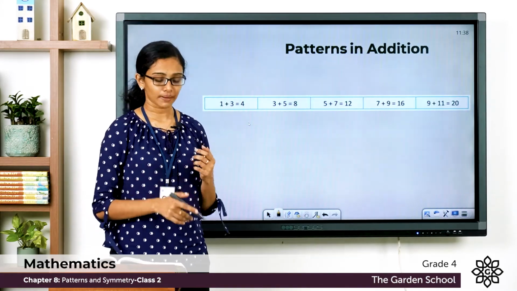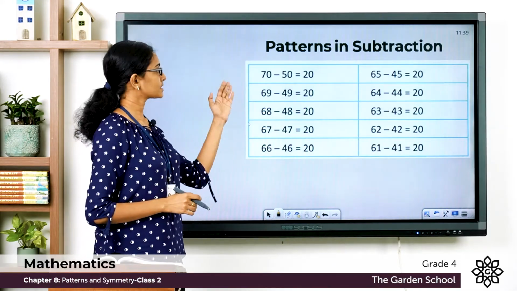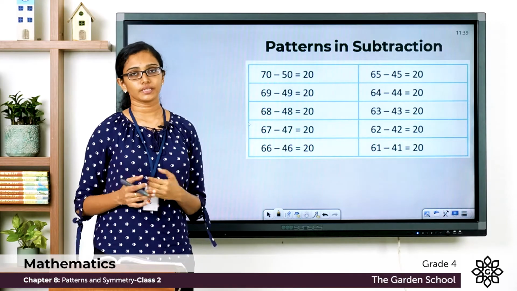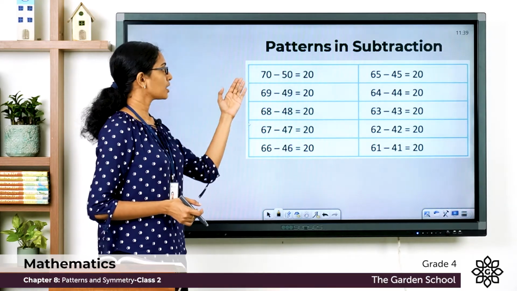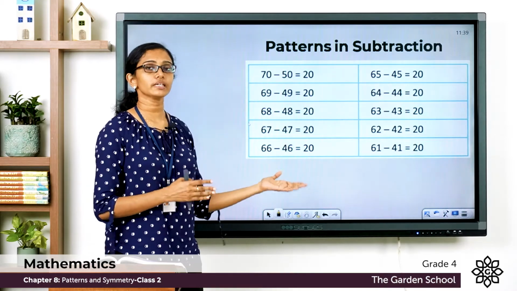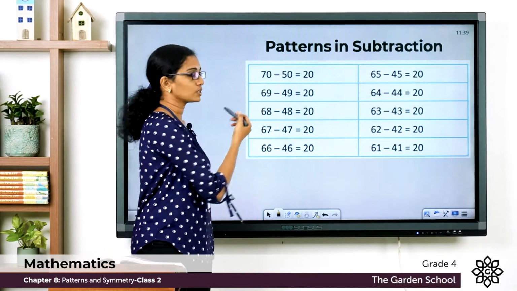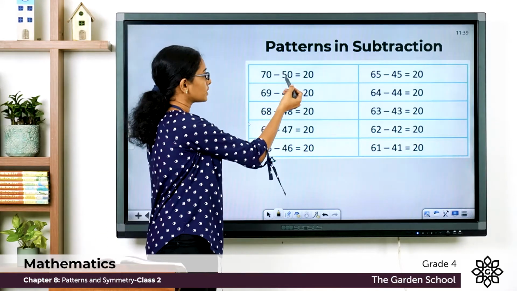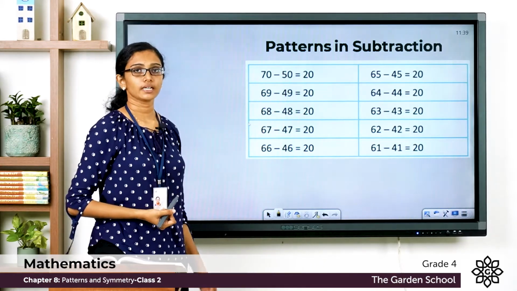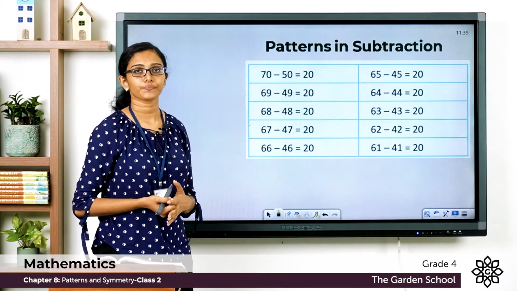Now we'll see some patterns in subtraction. Look at the first line: 70 minus 50 equals 20. In the next line, 1 is subtracted from both numbers, both the minuend as well as the subtrahend. So 70 minus 1 equals 69 and 50 minus 1 is equal to 49. Now they are subtracted and you get the same difference.